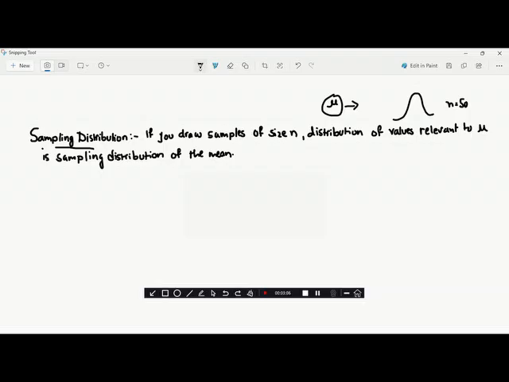And this sampling distribution follows a bell-shaped curve or normal distribution.